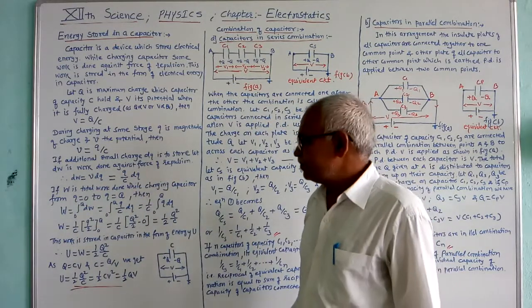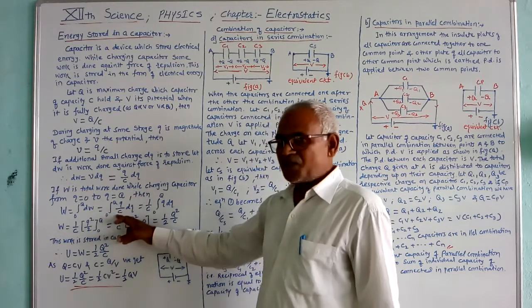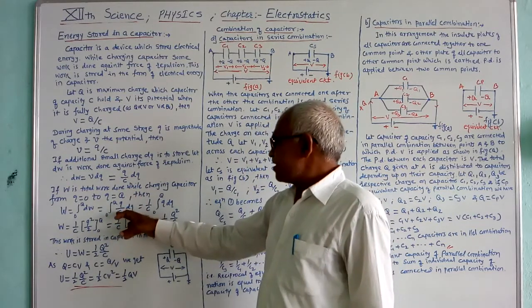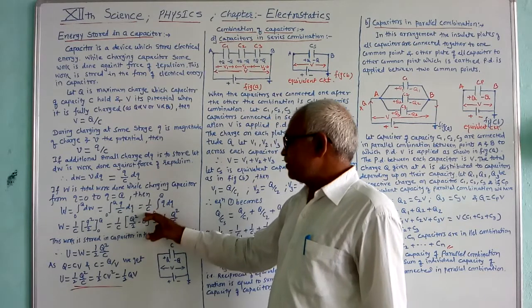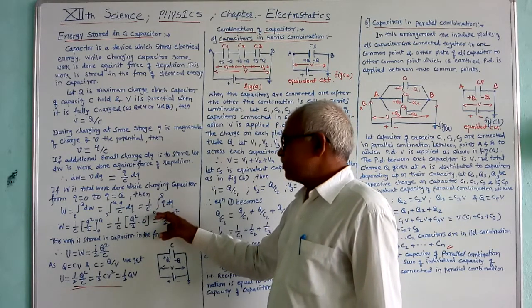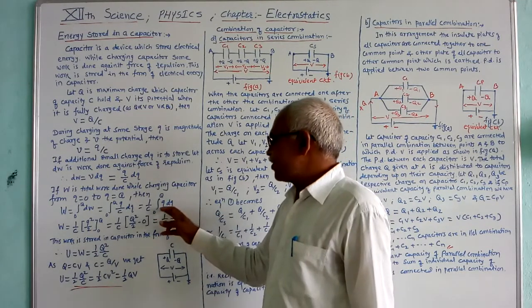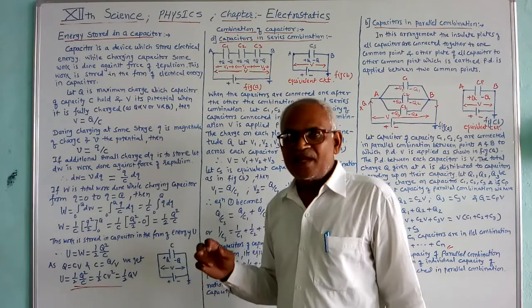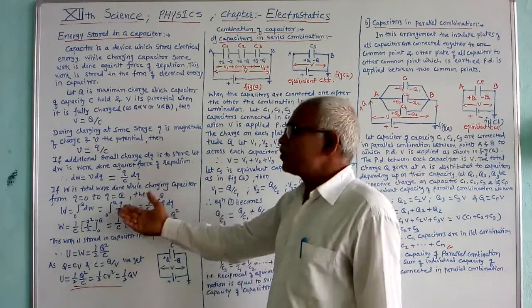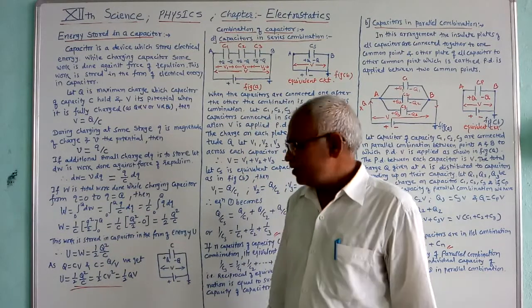Substituting the value of dw from this equation, 1 by C is common, integration of q dq from limit 0 to q, and the integration of q with respect to dq is q square by 2 with limit 0 to q.